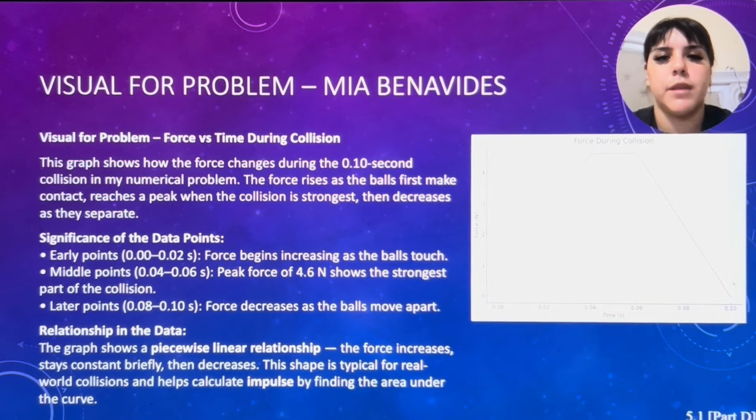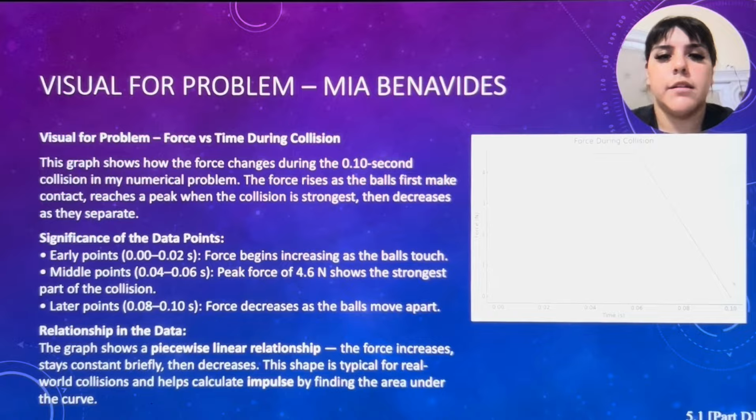Significance of the points. At the start, from 0.00 to 0.02 seconds, the force begins to rise as contact starts. In the middle, from 0.04 to 0.06 seconds, the peak force of 4.6 newtons shows the hardest part of the collision.